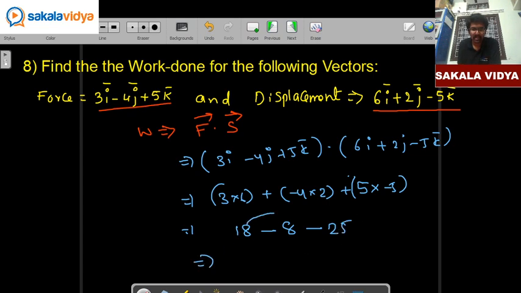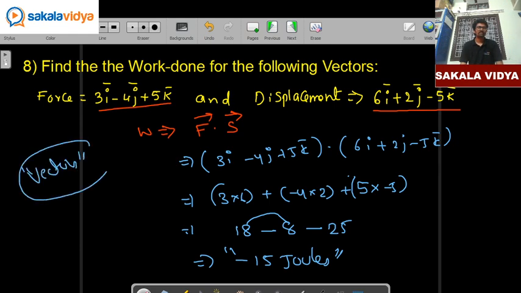So 18 minus 8 is 10, then 10 minus 25. Your answer is minus 15 joules. So in order to solve this question, we must use the concept of vectors. Work done is the dot product of force and displacement. So this is our work done.